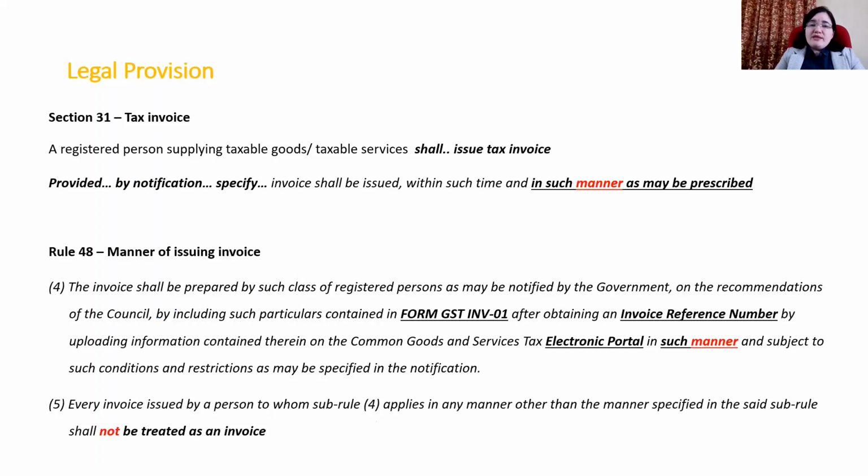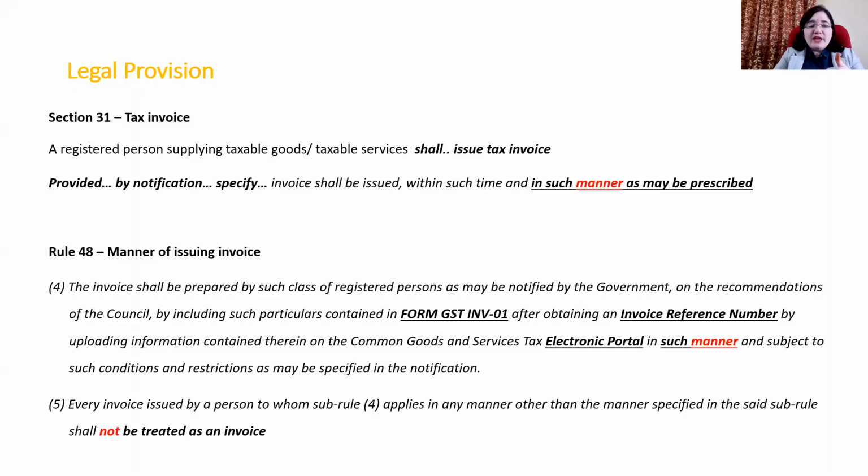Now, once you have got that you are covered under e-invoicing, what are the legal provisions and what care should you take? First, the tax invoice. If you refer to section 31, it says that the tax invoice should be issued in the manner prescribed. And the manner is prescribed under Rule 48, which is on the electronic portal.